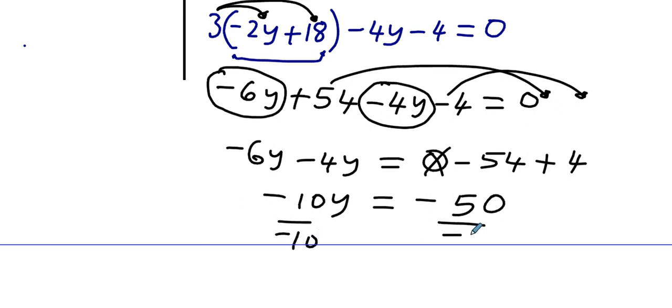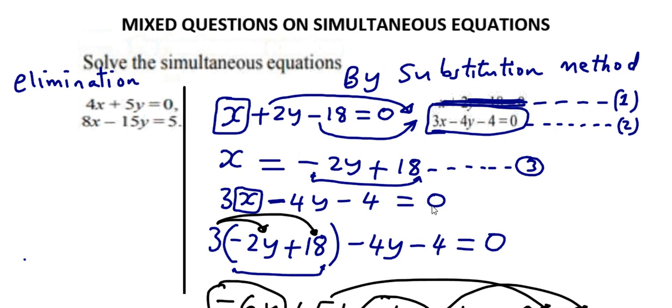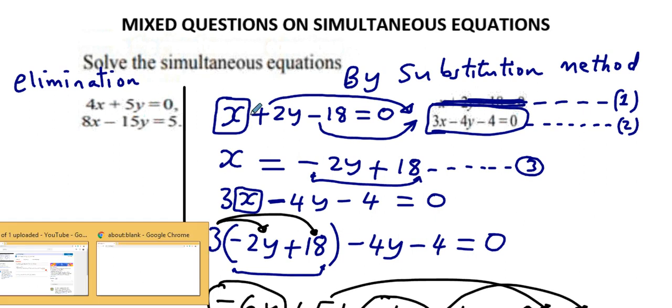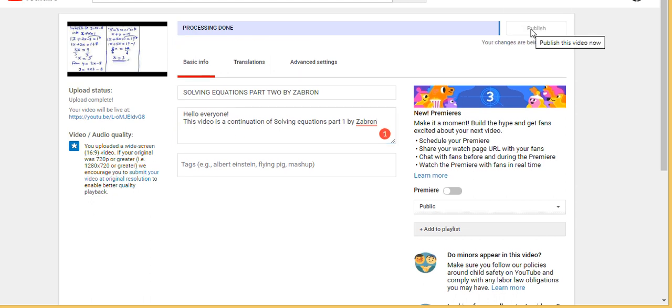Negative divided by negative is positive. 50 divided by 10, so I got y equals 5. Once after getting the value of y, we can use that to find the value of x.